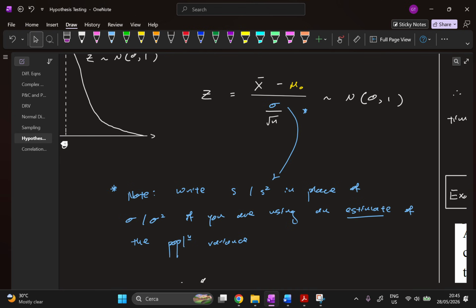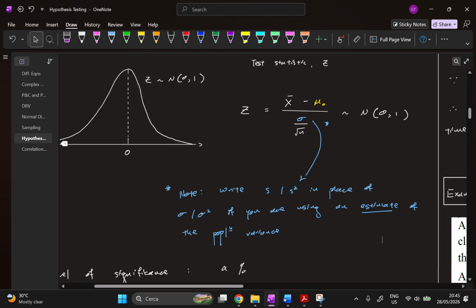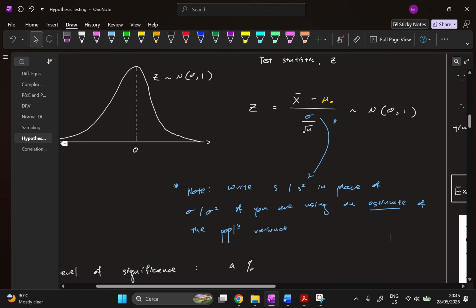And so, because we are aware from chapter S4 that the sample variance is always going to be less than the population variance, it's not going to be the same thing. You need to write S or S squared in place of sigma or sigma squared when you are writing out this test statistic. Okay?